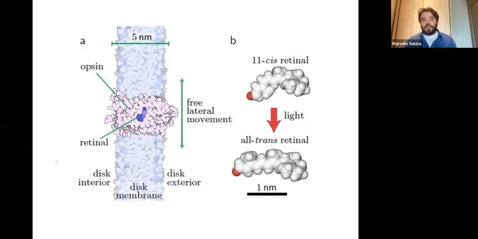So the thing is, if we have only one transformation like that, it would not be possible to create the action potential in the next neuron.